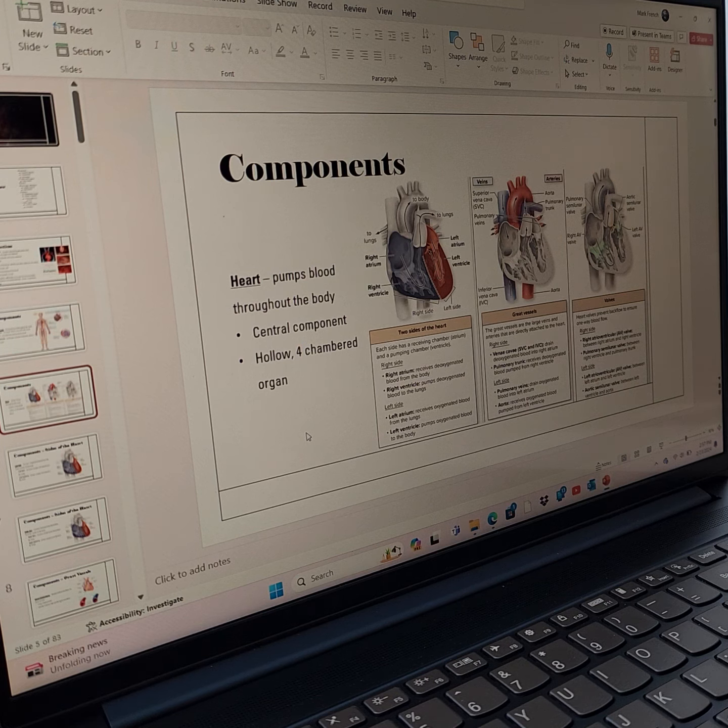So left side receives the oxygenated blood from the lungs, and the left ventricle pumps oxygenated blood to the body. So again, right side deoxygenated, left side oxygenated. Ventricles are the pumping systems. Atriums are the receiving.